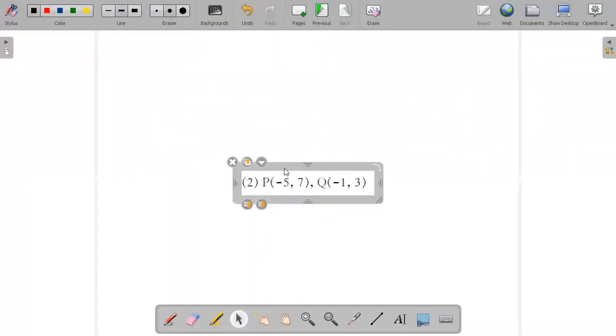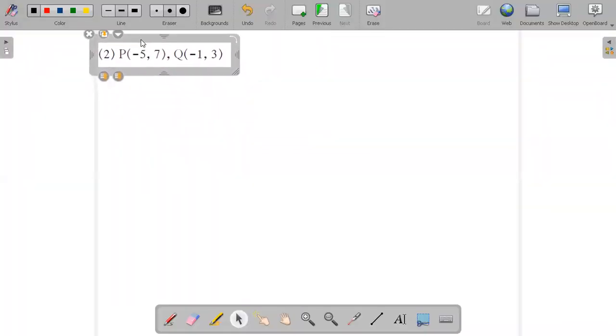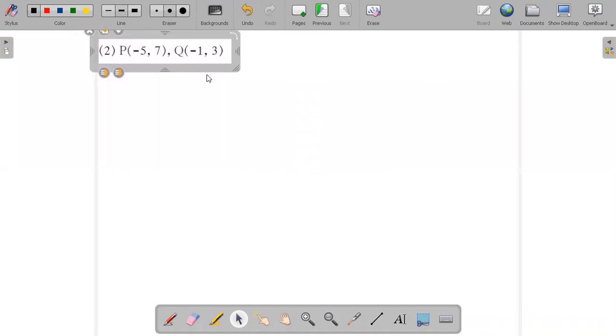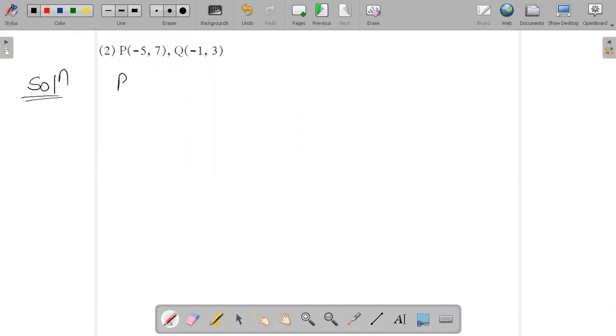P has the coordinates -5, 7, and Q has the coordinates -1, 3. Okay, I'll solve this one as well. In the next one, I'll give you. So this is x1, y1, exactly the same way, x2, y2.